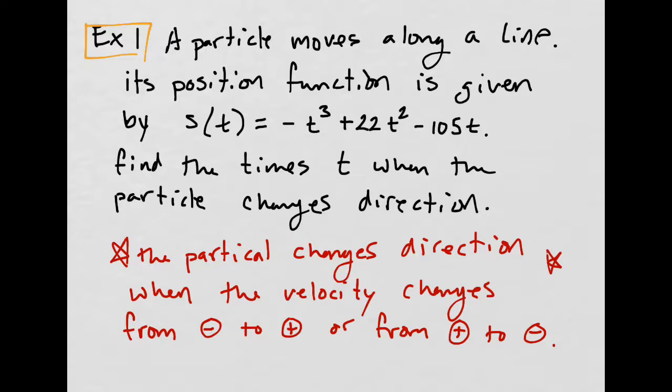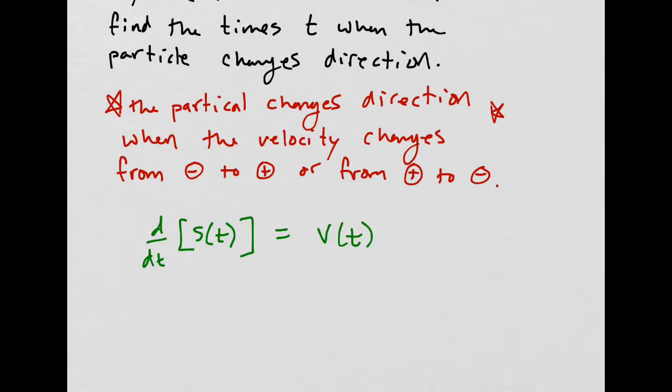So the first thing that we need to do is find a velocity function. Well, that's easy, because all we have to do is take the derivative of that. Because remember, the rate at which the position is changing, that's the definition of velocity. So let's take the derivative with respect to time, and that will give me my velocity function.